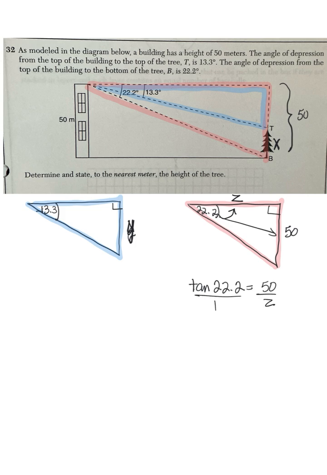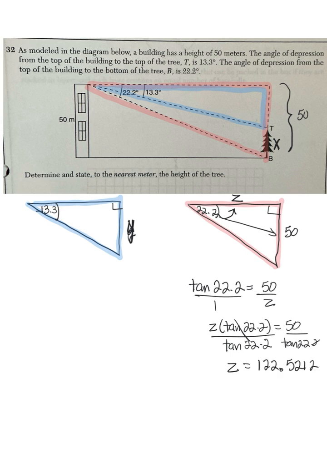Cross multiply, and I get Z times the tangent of 22.2 equals 50, and then I'm going to divide out that tangent of 22.2 to both sides. Okay, and then Z is going to end up being 122.5212. Now that's not the final answer, so I am not going to round that.